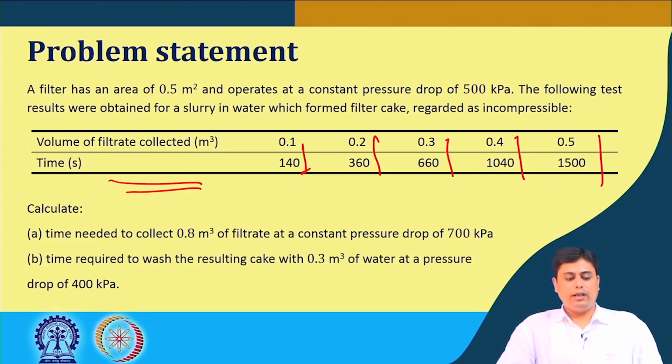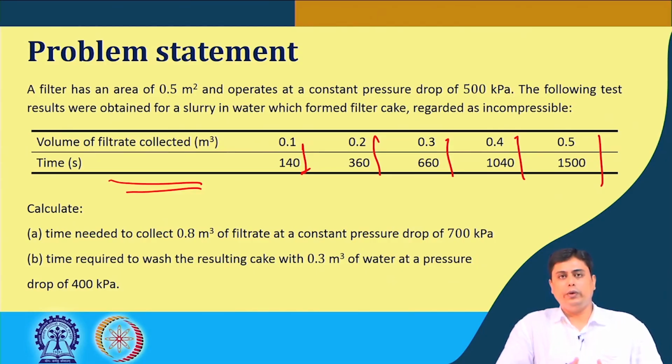Here the filter area, or the cross sectional area, is mentioned, the operating pressure is mentioned, and it has been mentioned that we assume the cake to be incompressible. That means voidage is constant, and then we have the filtrate volume versus time data.